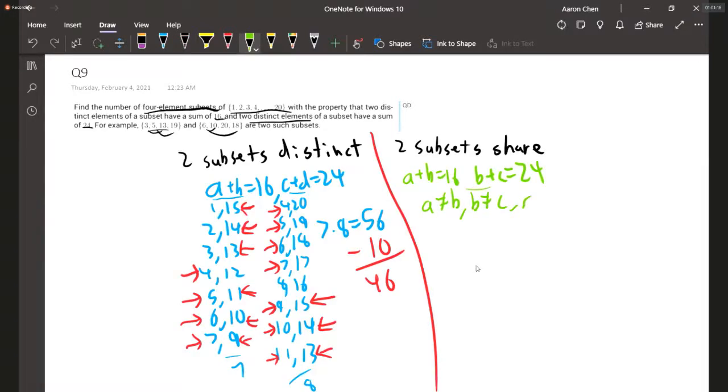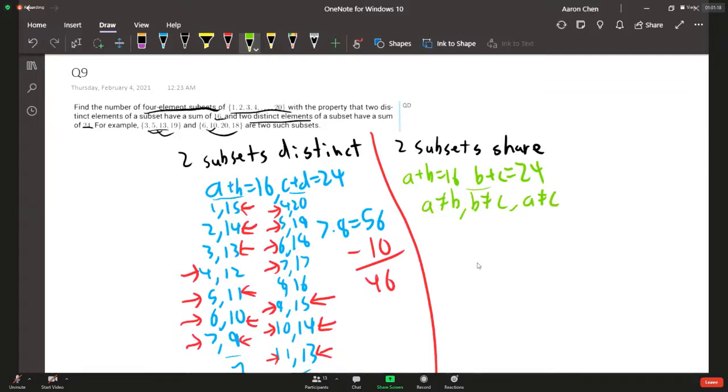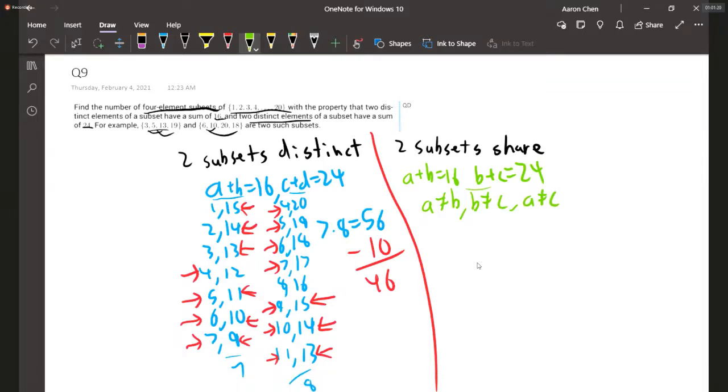You can also clearly see that A is not equal to C. Otherwise, these would be equal.